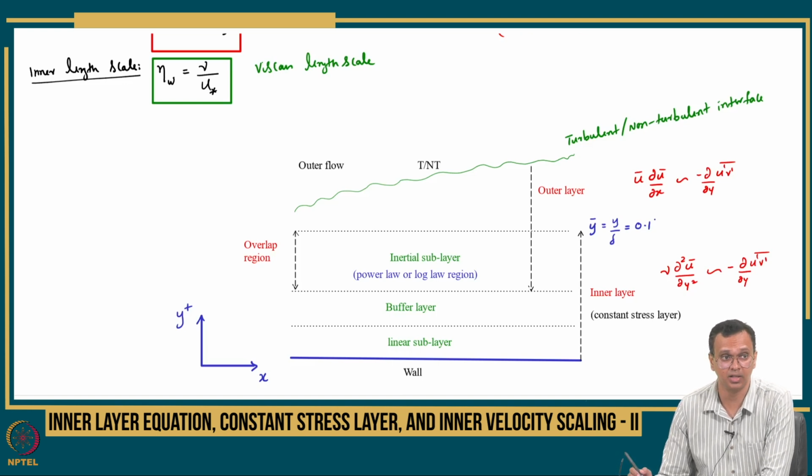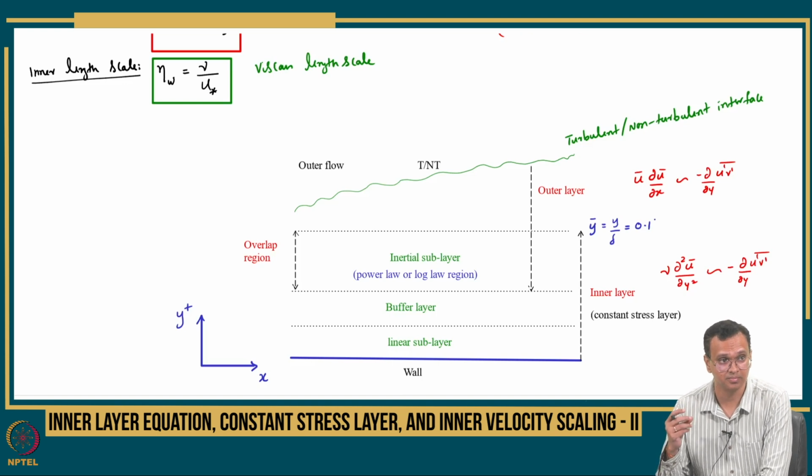The boundary layer itself is very thin, and in a turbulent boundary layer it is even thinner, with extremely sharp gradients. So this 10% of the turbulent boundary layer is your inner layer. It is very difficult for experimentalists to measure data here, extremely close to the wall, around 1500 micrometers or so, depending on the Reynolds number of course. So you are going very, very close to the wall.